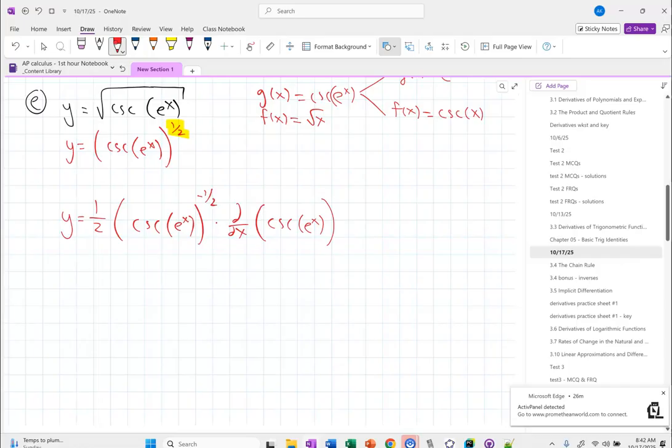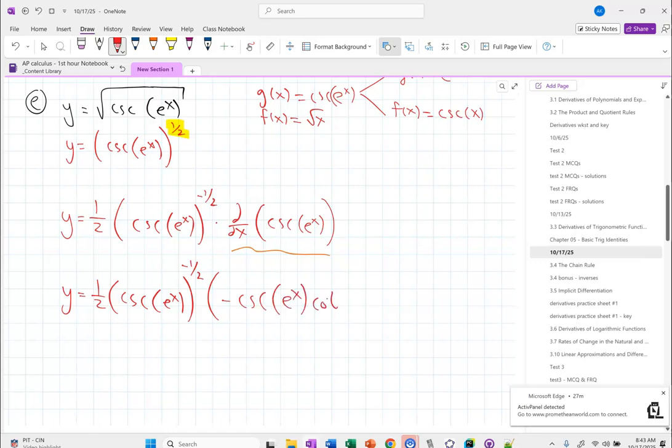So now we have to deal with that piece. The rest, the first part, we just recopy, and that's not going to get touched. What's the derivative of cosecant? Okay, so it's negative cosecant of stuff times cotangent stuff times the derivative of that stuff.